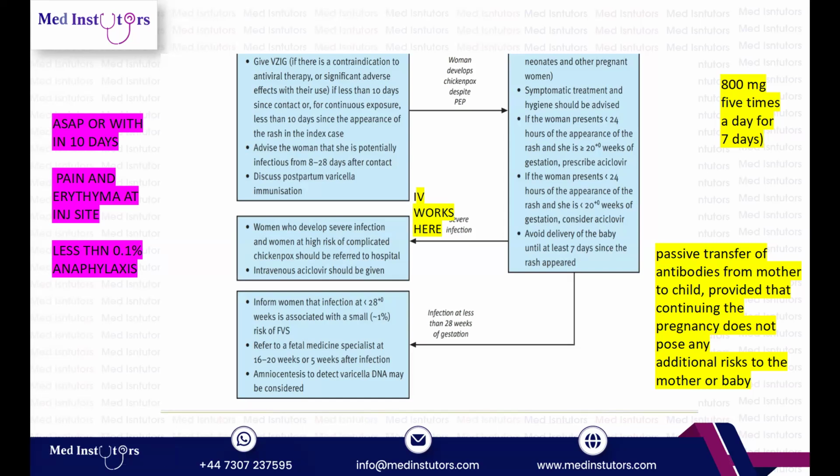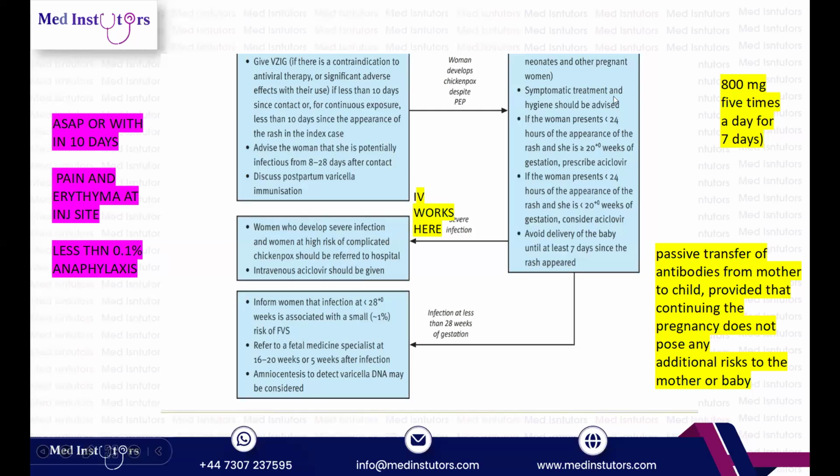Because we let the passive transfer of antibodies happen from the mother to the child. Meanwhile, the mother also gets better in condition. But here, it is important to consider the mother's condition as well. Unless it poses any additional risk to mother and baby, continue the pregnancy for at least 7 days.